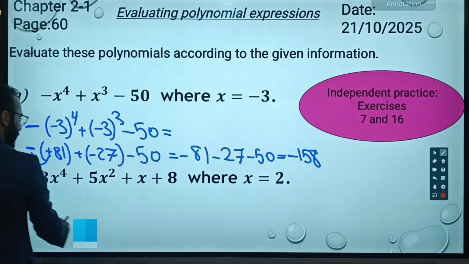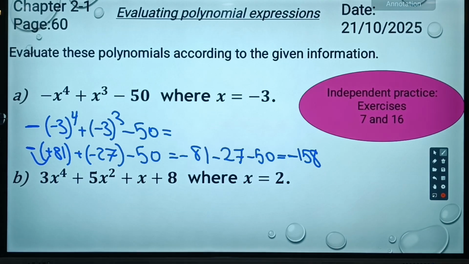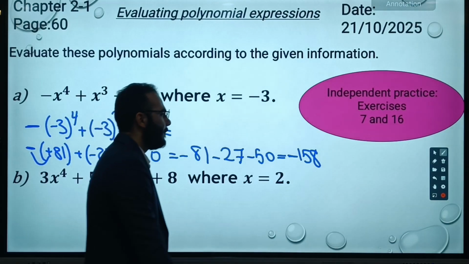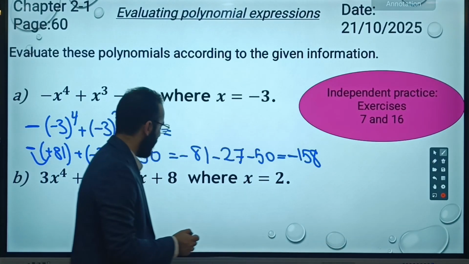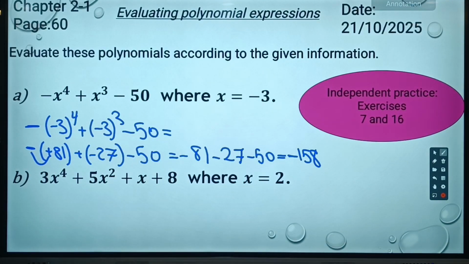I would love to leave the second one for yourself, but let's just do it, okay? Before I do it, just pause the video and try to solve it by yourself, then compare it with my solution. Okay, so 3x to the power 4 plus 5x squared plus x plus 8, where x equals 2.